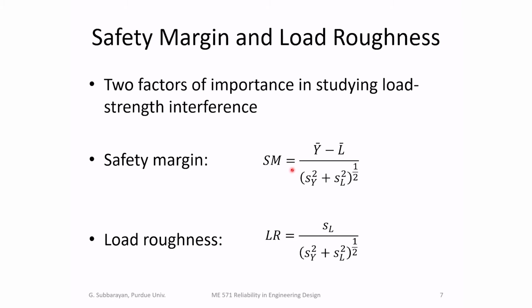Safety margin is defined as follows: y here corresponds to strength, so the safety margin is the mean value of strength minus the mean value of load, L here corresponding to the load. Again, these are generic. Okay, divided by the square root of the squared standard deviation of strength plus the squared standard deviation of load, the whole thing raised to the power 1/2.